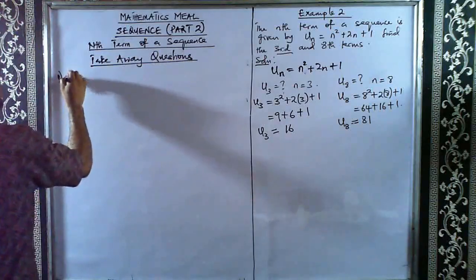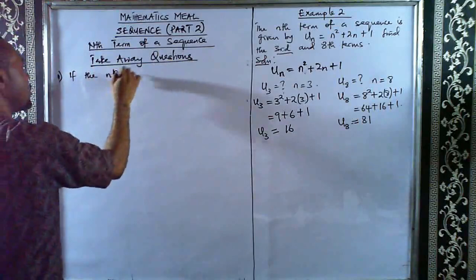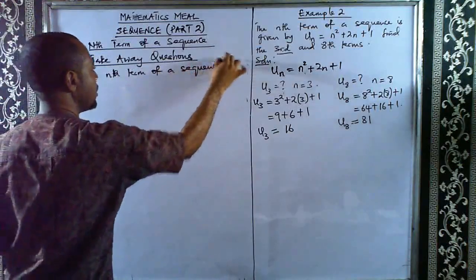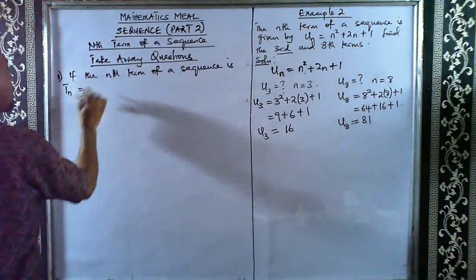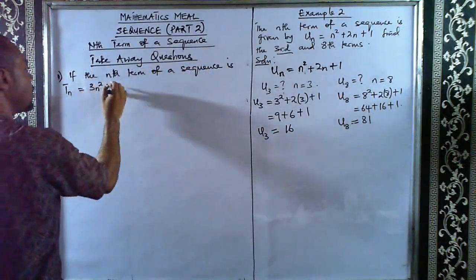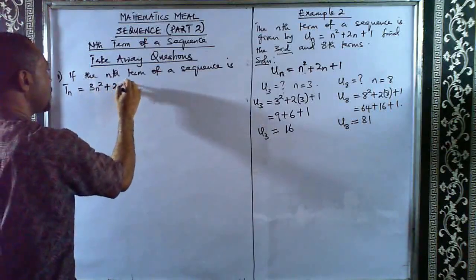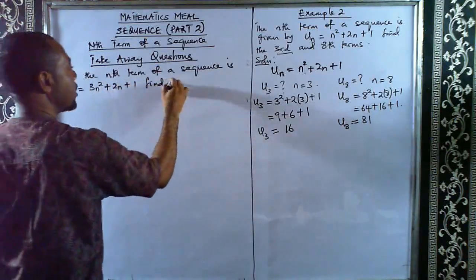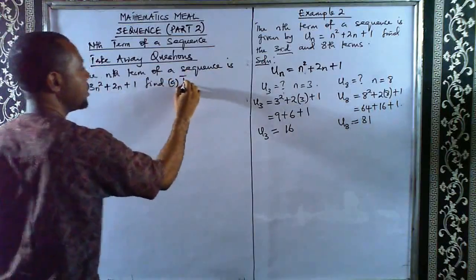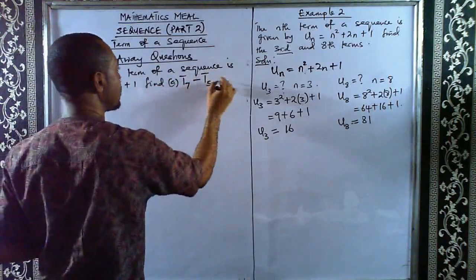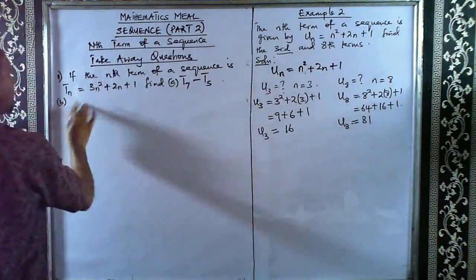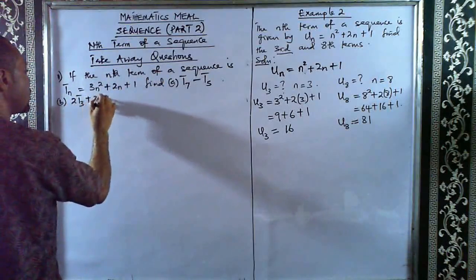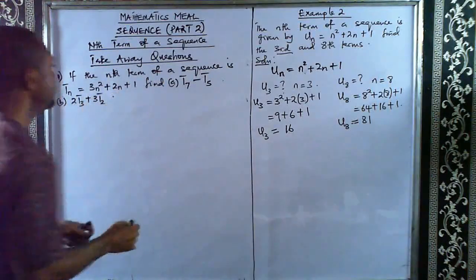Number one. If the n-th term of a sequence is Tn equals 3n squared plus 2n plus 1, find (a) T7 minus T5 and (b) 2T3 minus 3T2.